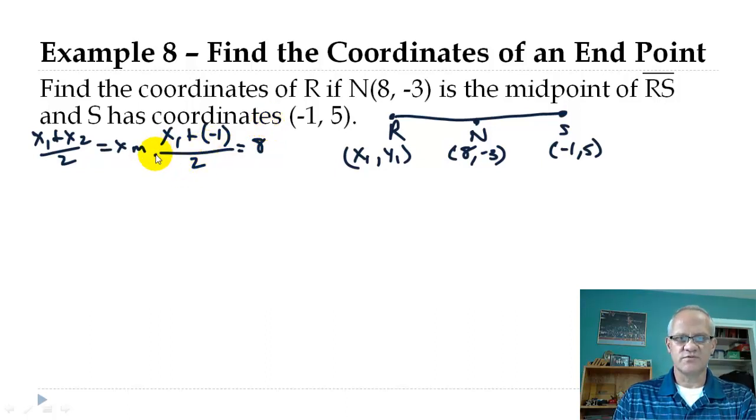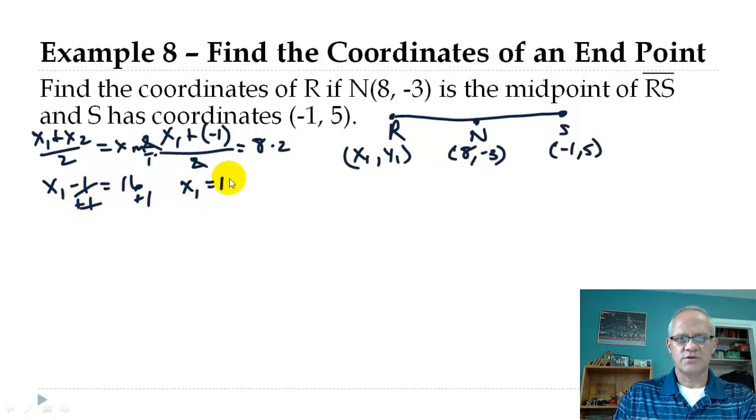Do our algebra to solve this, so times 2, 2 over 1, so these cross, times 2. So what you've got here is X sub 1 minus 1 equals 16, plus 1, X sub 1 is 17. So our X for R would have to be 17.